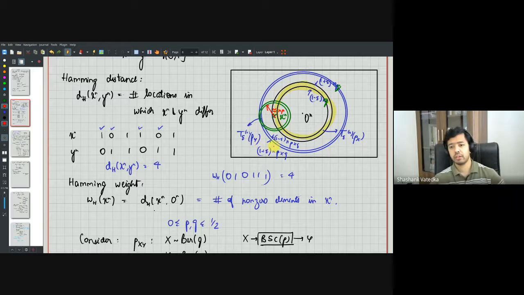Now this is for a fixed xn, and yn is going to lie within some thin shell. So if xn and yn are jointly typical, this is going to be the region where xn and yn lie.